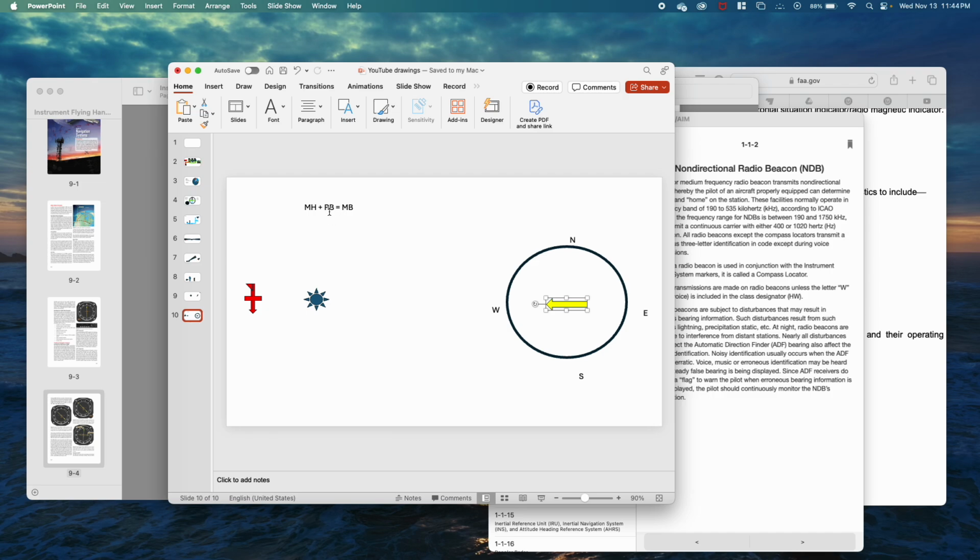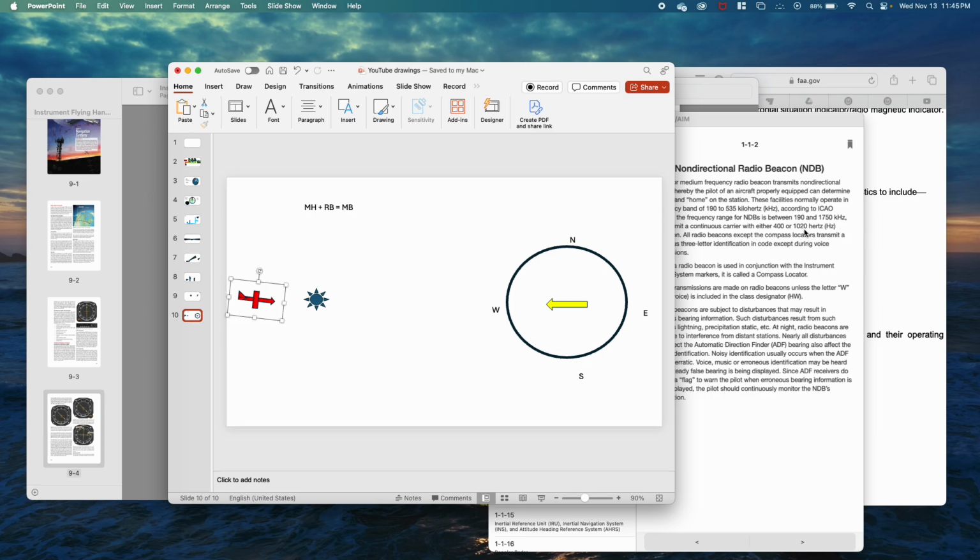Relative bearing equals 270 because it's off our left side. So our magnetic bearing would be 090. If we fly a course of 090, we get to the NDB. Right, then we get to the NDB. Boom. Cool, so that's the fixed card ADF.